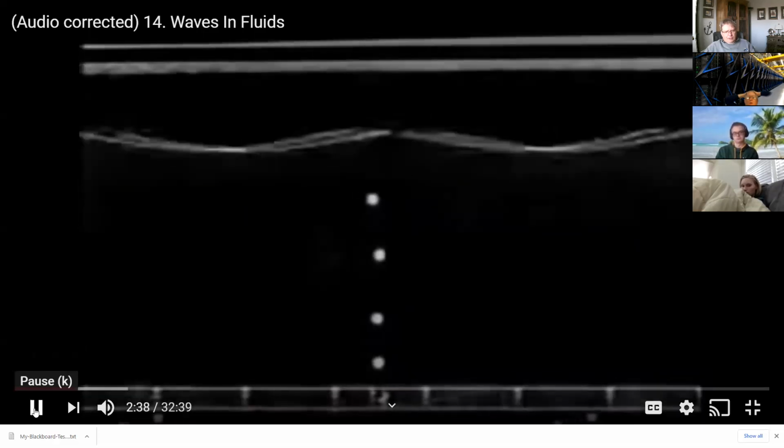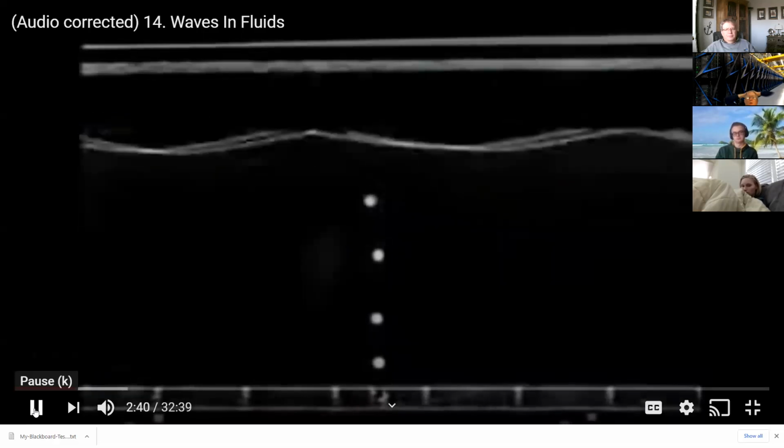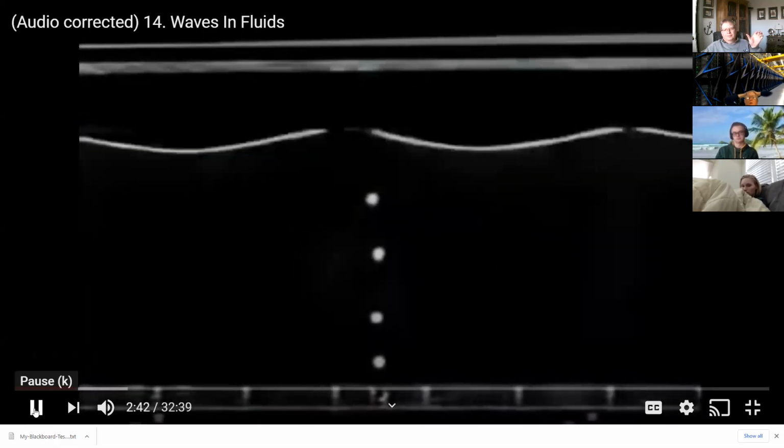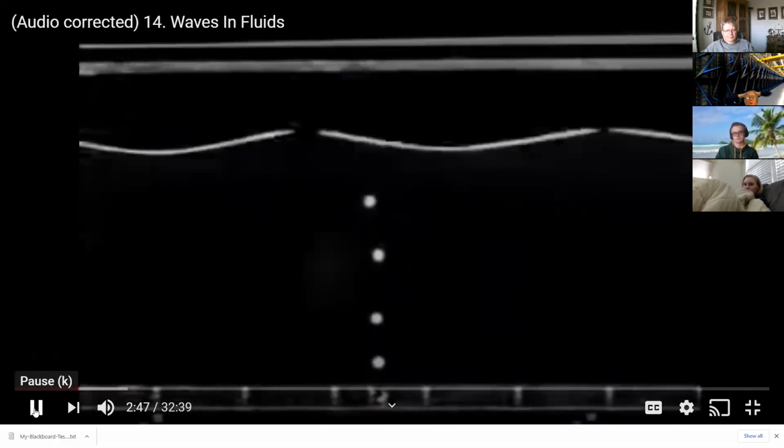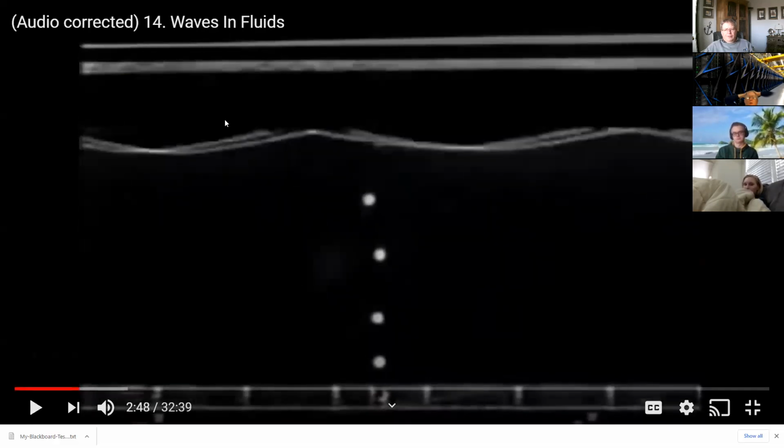This is the pattern of fluid movement characteristic of waves on the surface of deep water. That is where the wavelength is comparable to or less than the depth. So if you have a wavelength, lambda, that's less than d, the depth of the water.